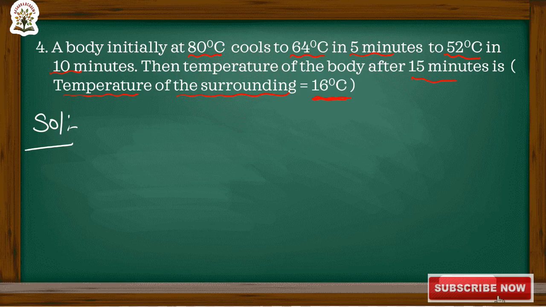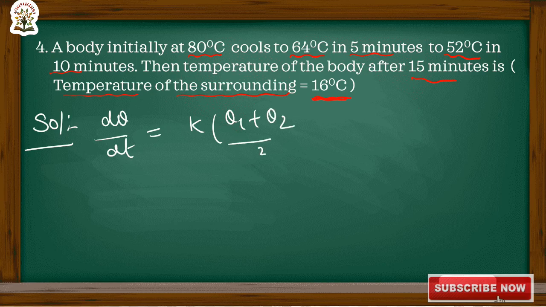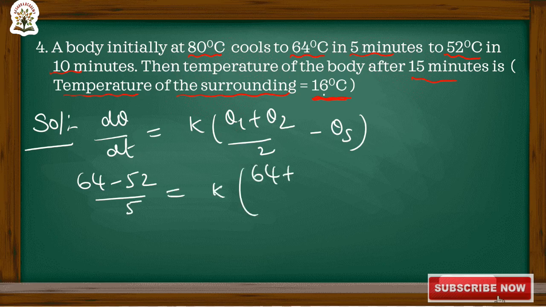Okay, first from Newton's law of cooling, d theta by dt is equals to k of ((theta 1 plus theta 2) by 2 minus theta s). Substituting theta 1 is 64 and theta 2 is 52, (64 minus 52) by 5, that is equals to k of ((64 plus 52) by 2 minus theta s), they have given 16 degrees centigrade.